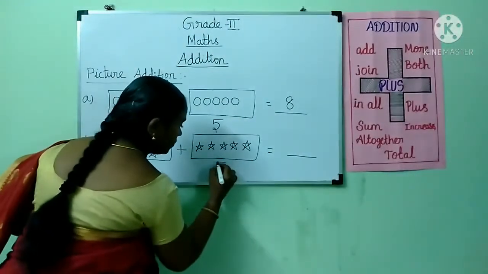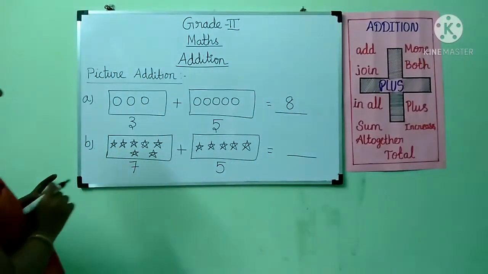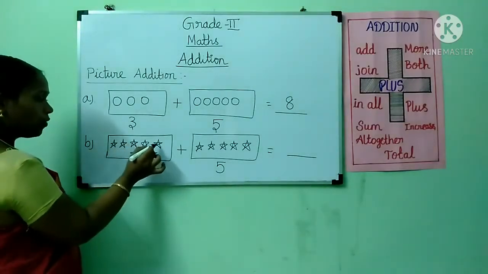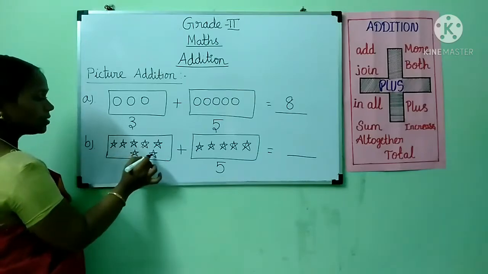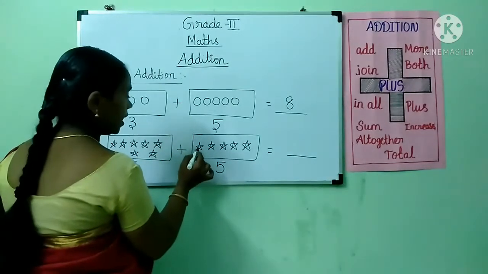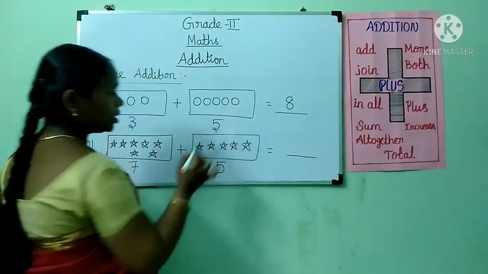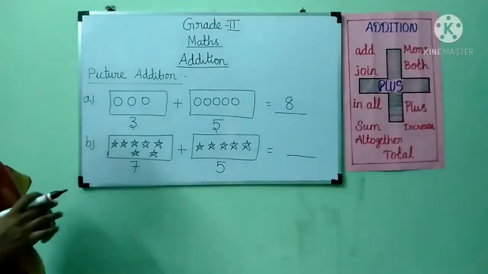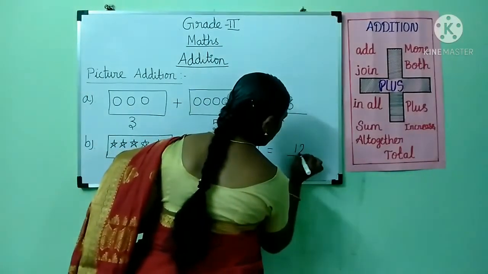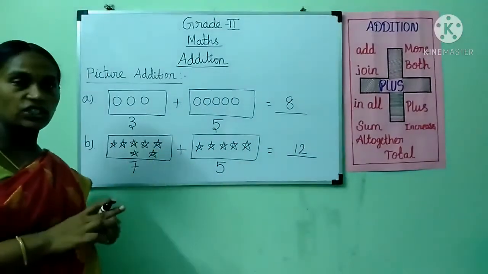So write 5 here. How many both of them? Add and say 1, 2, 3, 4, 5, 6, 7, after 7 comes 8, 9, 10, 11, 12. The total is 12 stars. So write 12. Are you clear, children? How to add this picture addition?